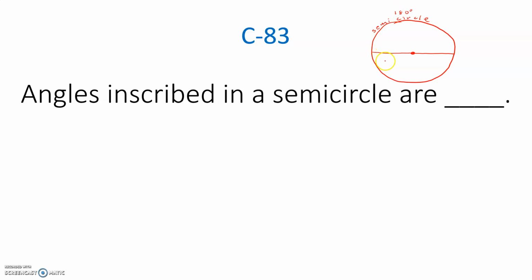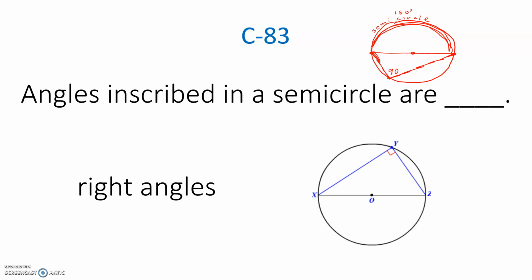If I have an inscribed angle on that semicircle, if this arc is 180 degrees, the inscribed angle is half of that, so it would be 90 degrees. So they are right angles.